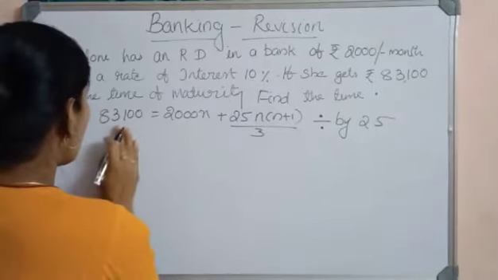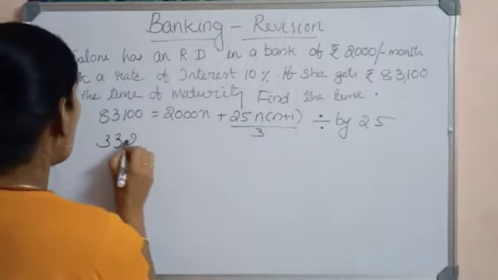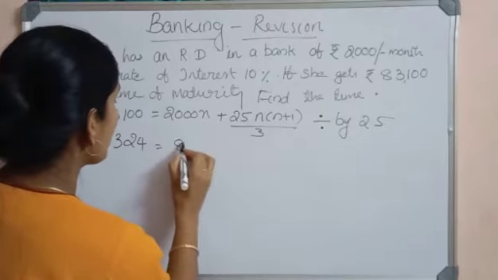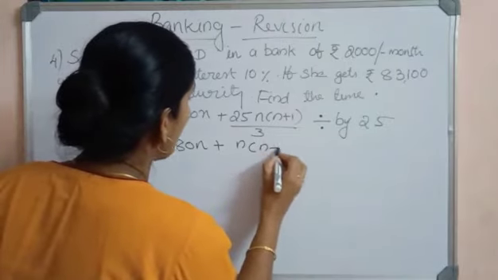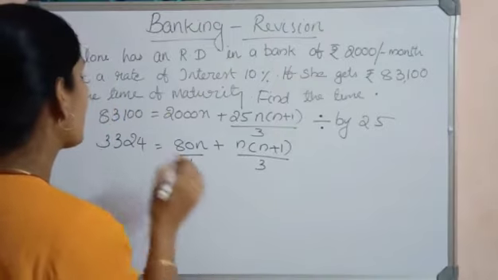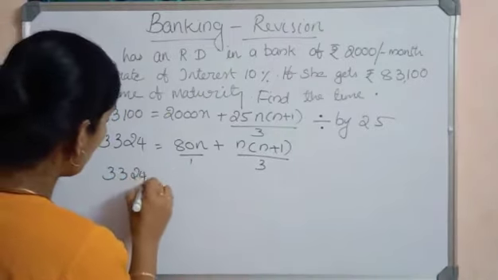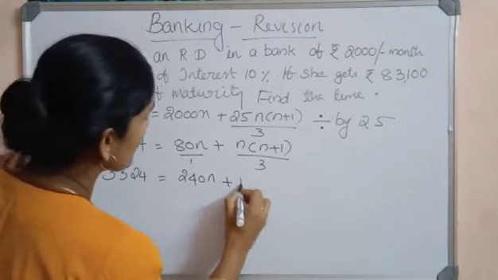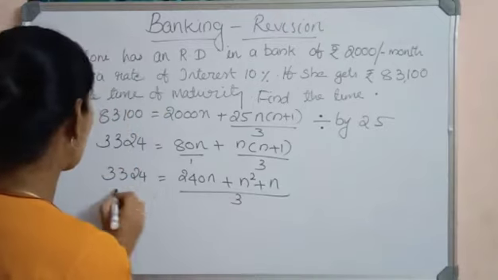When you divide 83,100 by 25, this will be 3324 is equal to 2000 by 25 is 80, 80n plus n into n plus 1 by 3. Now by taking the LCM, this will be 3324 is equal to 240n plus n square plus n divided by 3.